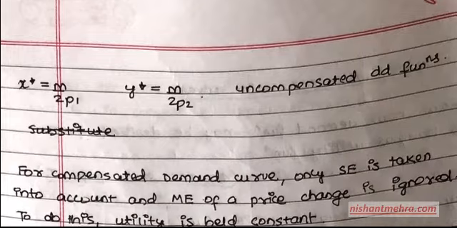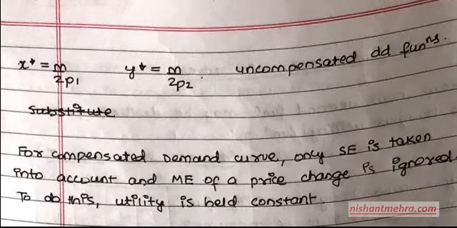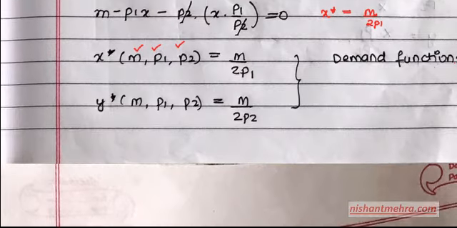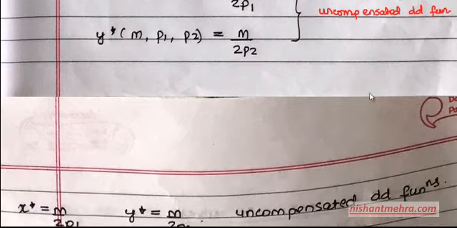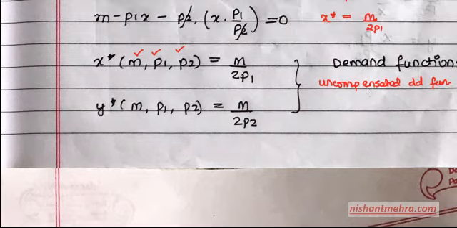I'm going a little further and trying to assimilate one more question into this. The demand functions which you have just found are called uncompensated demand functions.